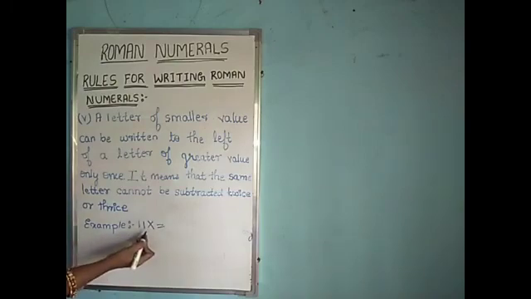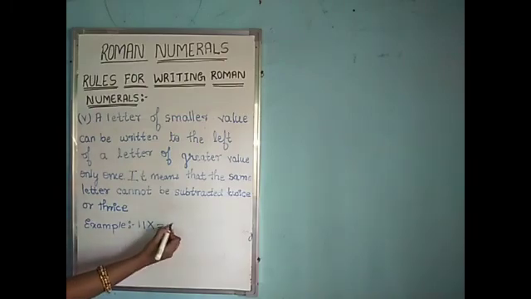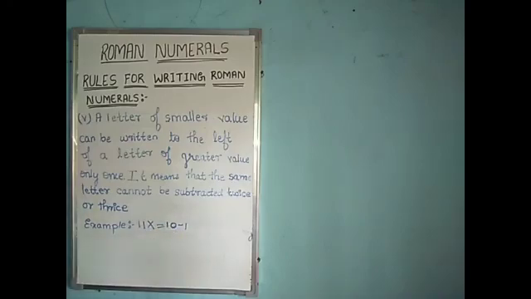Here letter of smaller value I is written to the left side of letter of greater value. So what we have to do? We have to subtract 1 from 10. 10 minus 1. But here 2 times I is there.